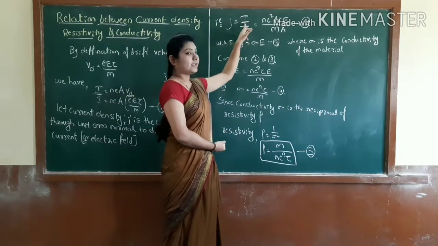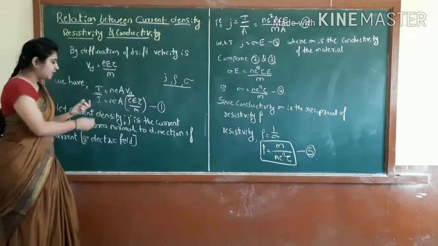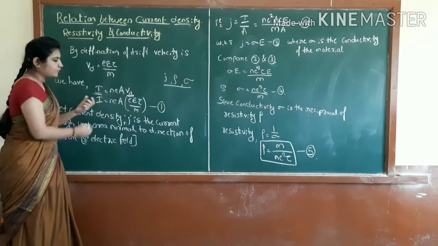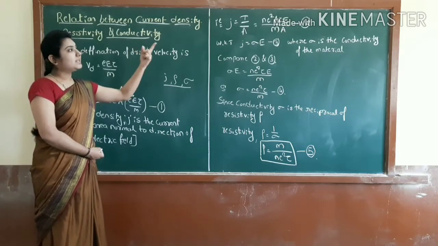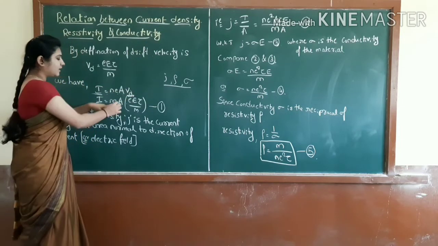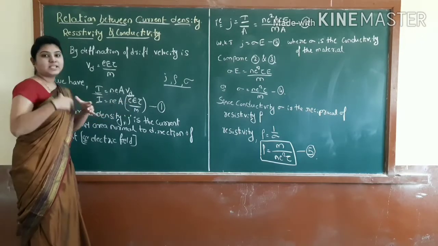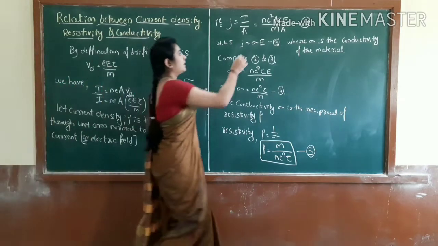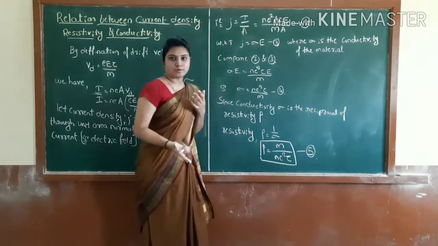Then see, I from equation number 1, yes? The value of I is present from equation number 1, just write that. That is the n. Here one e is there, here one e is present, so it will become e square, the charge of the electron.